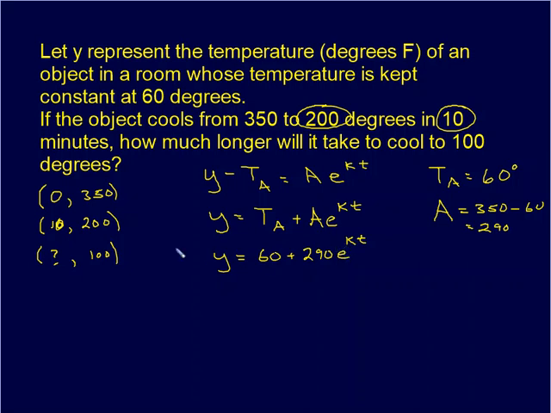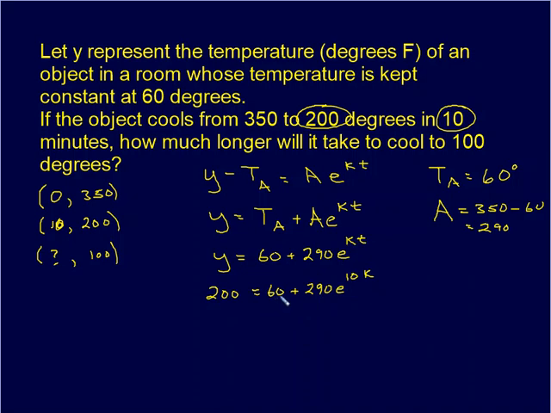So the next job is to take that second ordered pair and solve for the constant K, right? So when the Y value is 200, and I'll fill this in, and the time will be 10. It'll be e to the 10k. And now we're just going to solve this exponential equation.